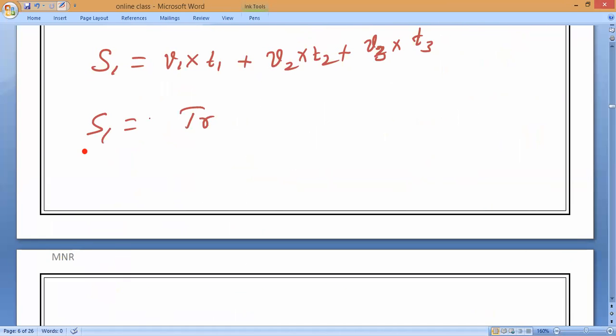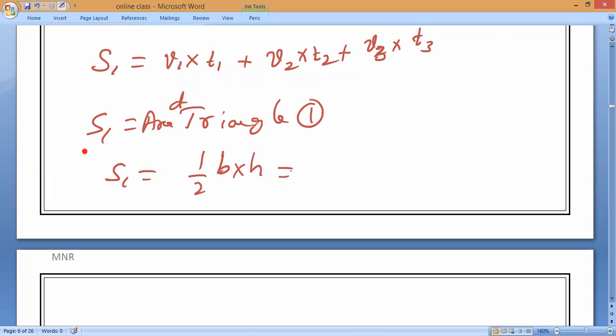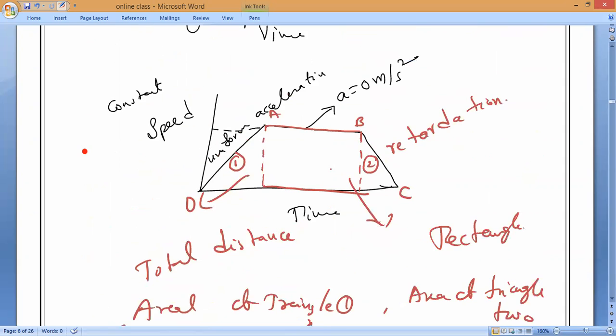Area of triangle 1. What is the formula? Half into base into height. So let me take the base now. Observe the picture very carefully and tell me. I'm assuming, let me take this as E, this is F and G. What is the area of the triangle?